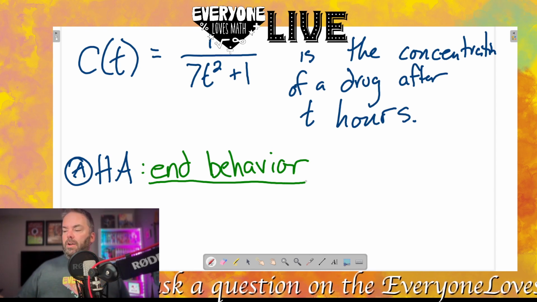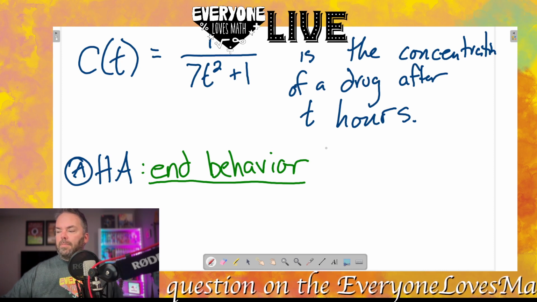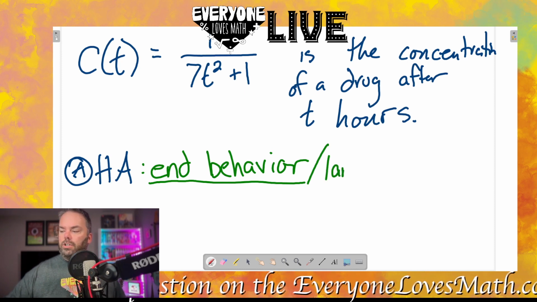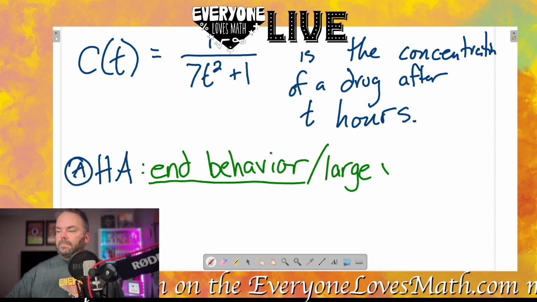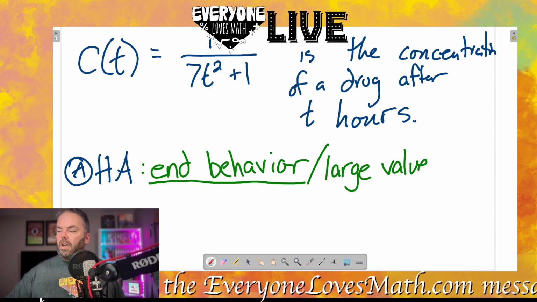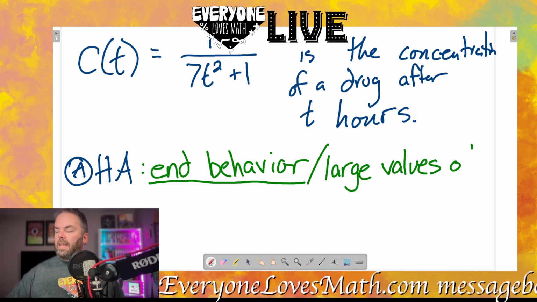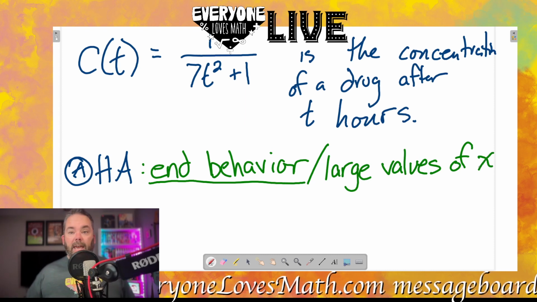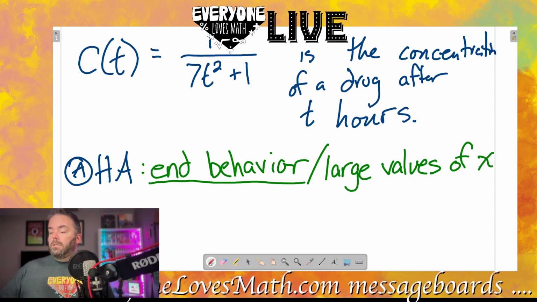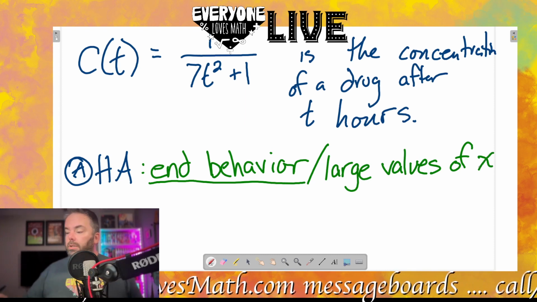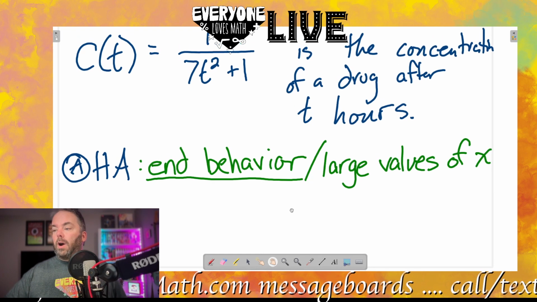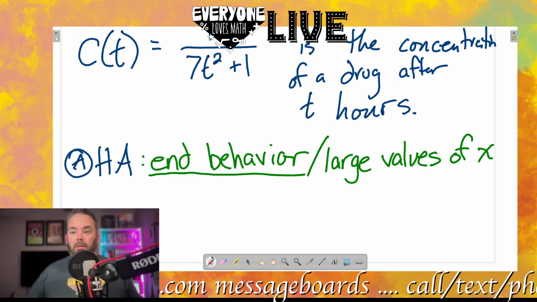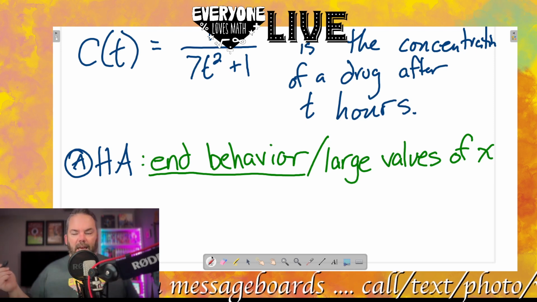Another way to say end behavior is we look at large values of x, because when x is large, that'll tell us what's happening at the end of the graph. So I'm going to do what I've done before. I'm going to put 1 million in for, and in this problem, instead of x, it's t.